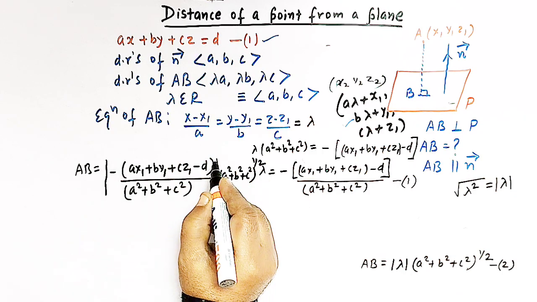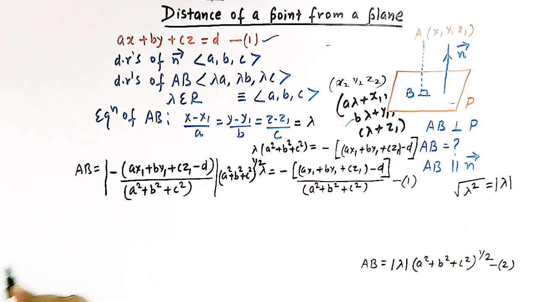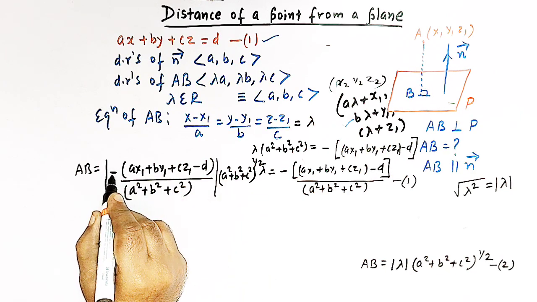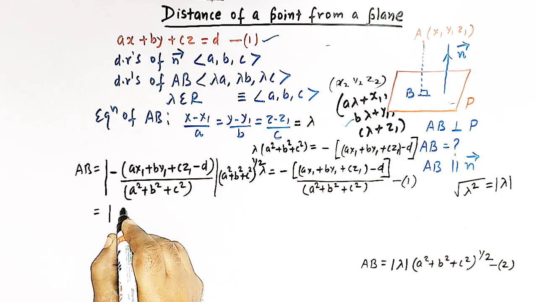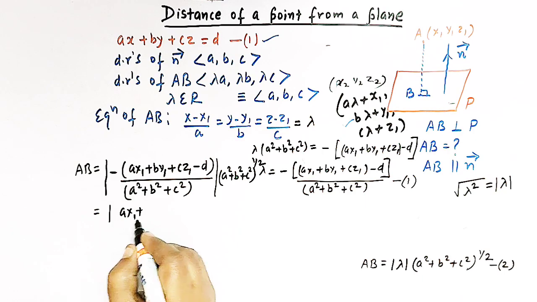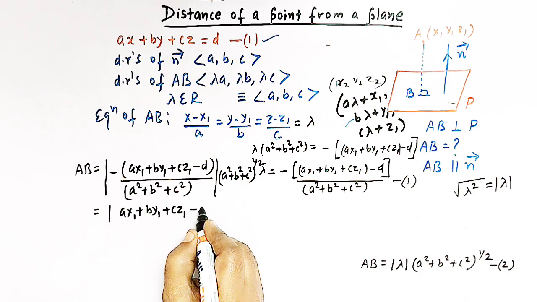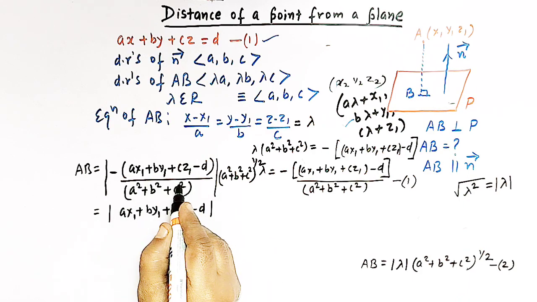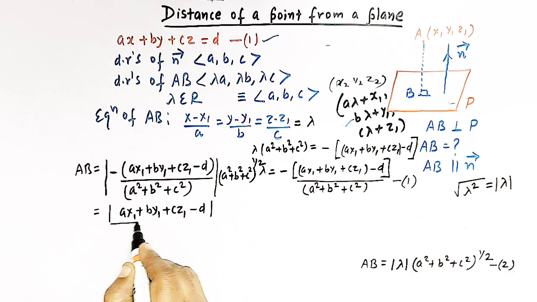Now here we have the mod of this term, and here we have the negative sign, right? So this mod sign makes this negative sign positive. So we can now write the absolute value of, simply this sign becomes positive. So we have ax1 plus by1 plus cz1 minus d, right? And since this is a positive term, this term may be taken outside this mod sign.